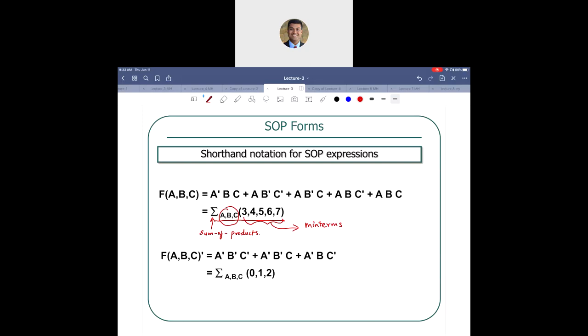So you can read this as minterm 3 plus minterm 4, minterm 5, the thing that we just wrote. Also note the order of the inputs explicitly written. Without that, those minterm row numbers don't make any sense. All right, let's go back here. That's the shorthand notation. So instead of writing the entire expression this way, you just write the shorthand by referring to each product term as a number.